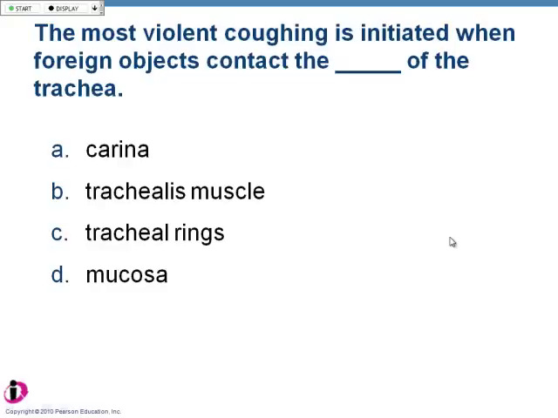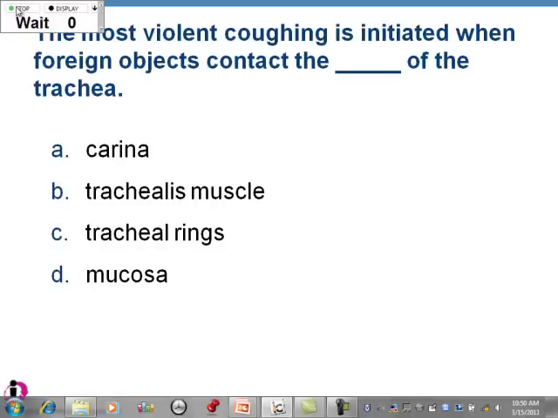The most violent coughing is initiated when foreign objects contact the what of the trachea? A, the carina, B, the trachealis muscle, C, the tracheal rings, or D, the mucosa?